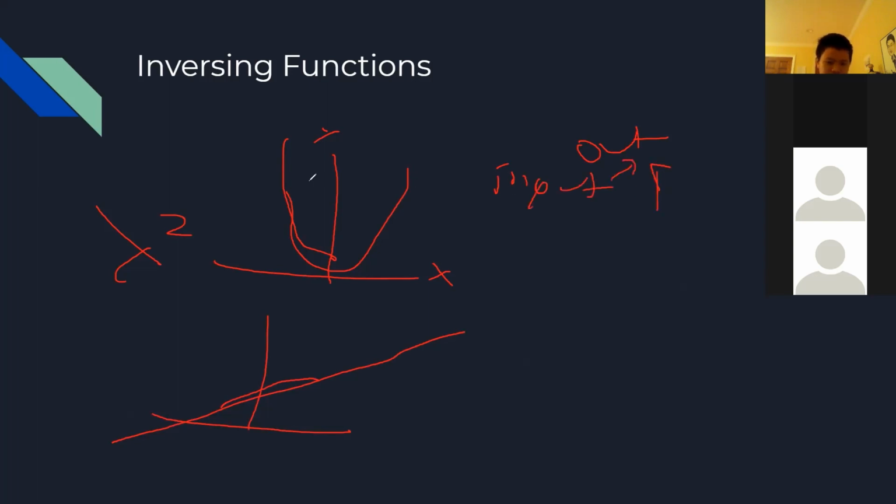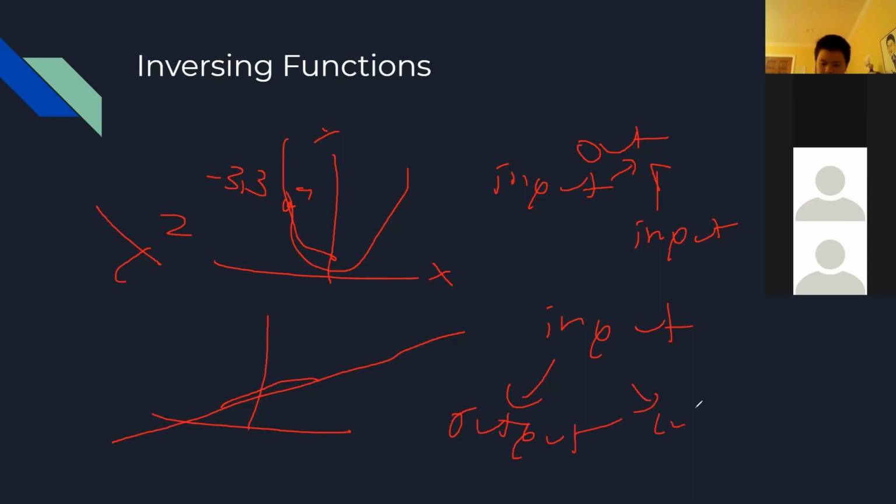This is true here. Let's say 9, both negative 3 and 3 go to it. However, when we take an inverse of such a thing, input switches with output, this is not a function. Or rather, it can't be a function, since an input has multiple outputs.